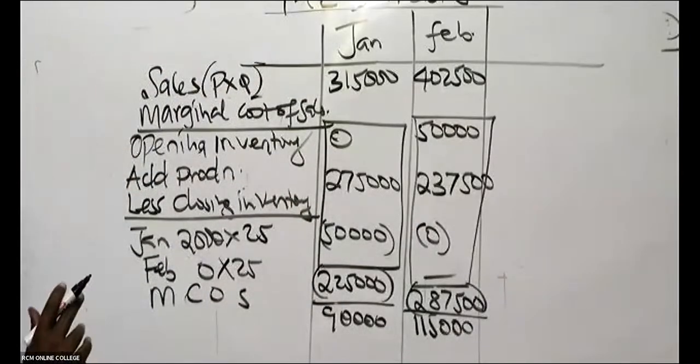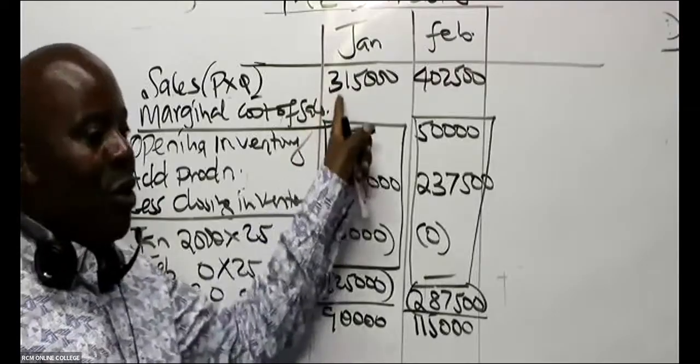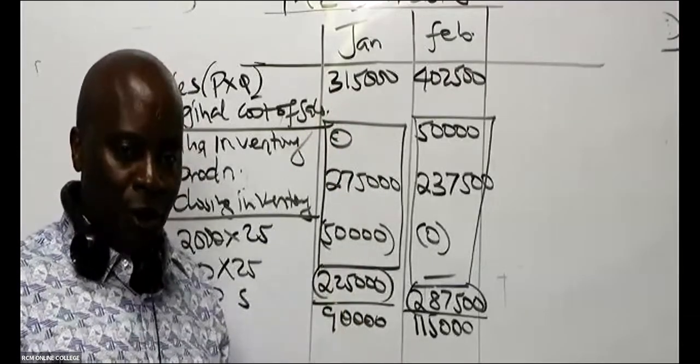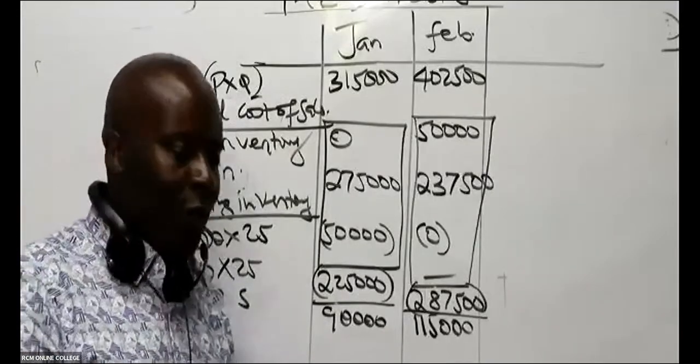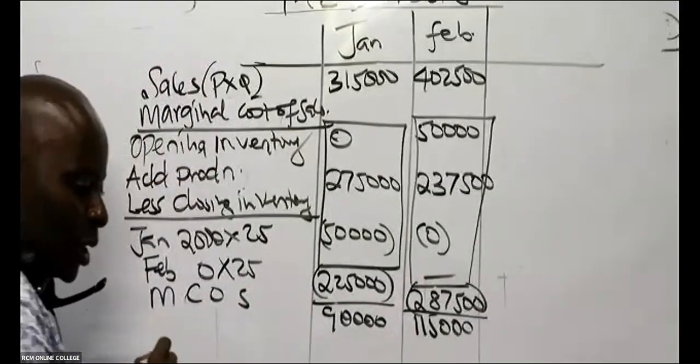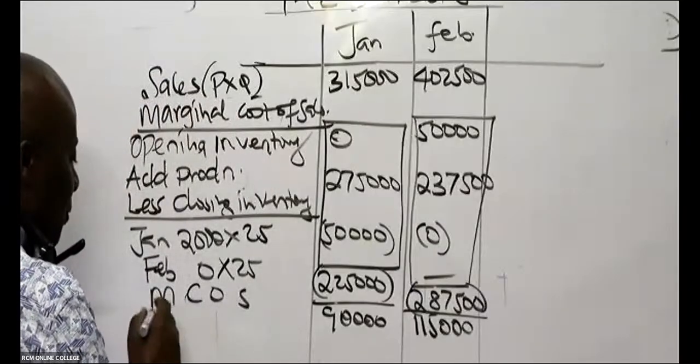So what name do we give to these figures? Remember, in terms of marginal costing, this will be contribution. We call them contribution. And because we haven't subtracted the periodic variable cost, we shall call this one gross contribution.